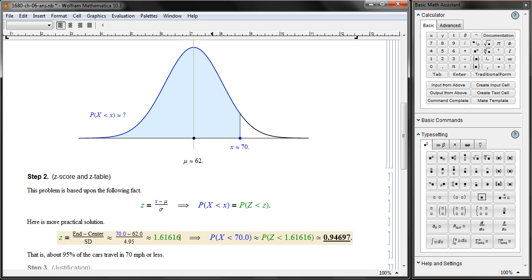Compare that with Mathematica's computation here, 0.94697, very close. Of course, they're both approximations, and we're going to approximate it further as 95%. About 0.95 or 95% of the cars travel at 70 miles per hour or less.